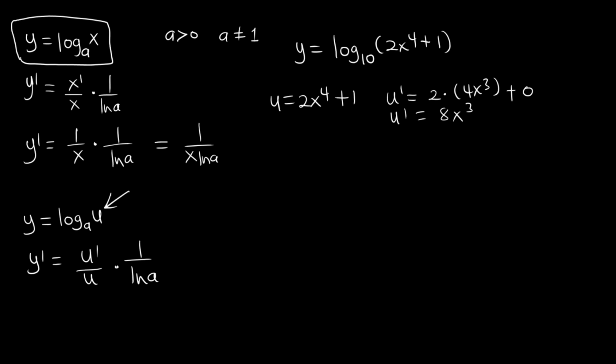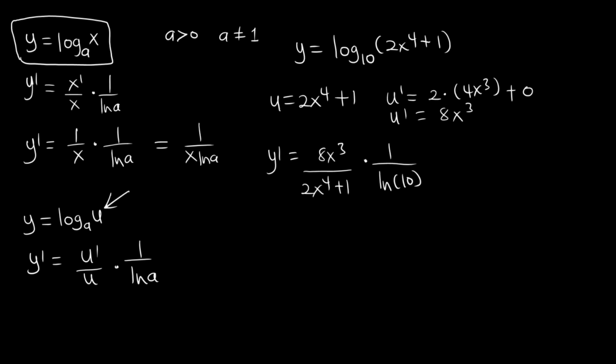Now let's come back to the formula that we derived. So y prime is equal to u prime. We know u prime to be 8x cubed, divided by u, which is 2x to the power 4 plus 1, and then this will be multiplying 1 over the ln of the base, which is 10. 1 over ln of 10.